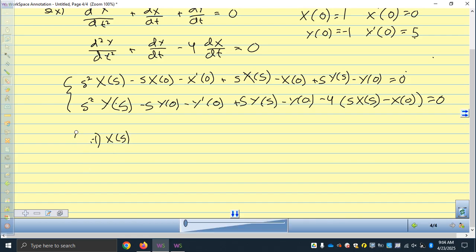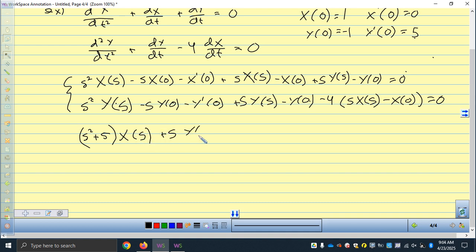I'm going to do one step in between because we need to do some simplification. So we get s squared plus 5 x of s plus s y of s equals, I'm putting the constants on the right hand side.